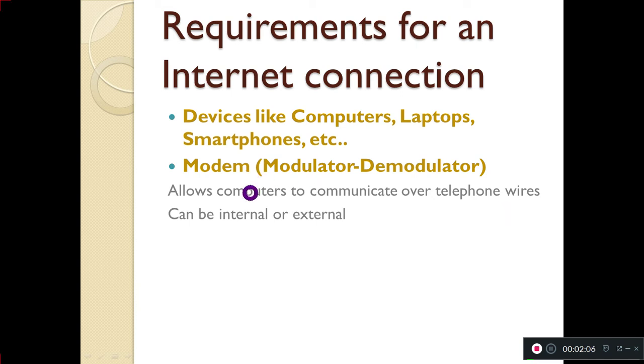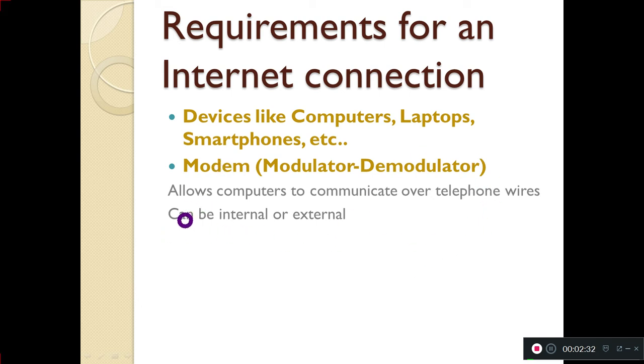So to convert digital data to analog data and to convert analog data to digital data, this modem is used. Conversion of digital to analog is modulator or modulation, and conversion of analog to digital is done by demodulator, or it is called demodulation.